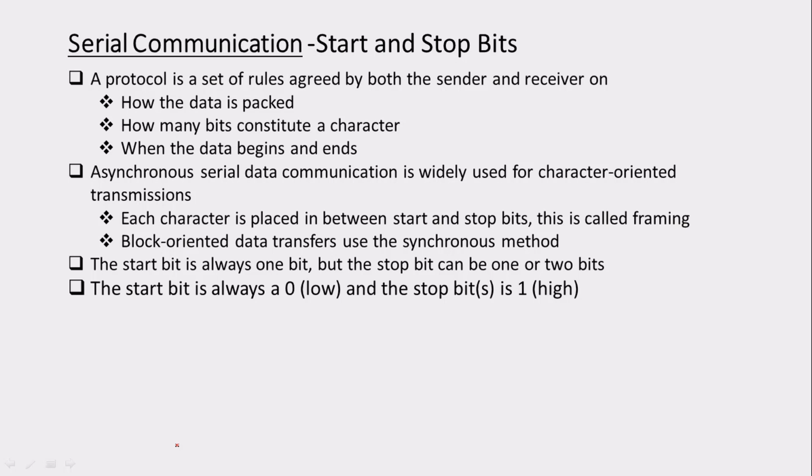The placing of a start bit and a stop bit is called framing. So we take 8 bits of data, and then add a start bit, and then add a stop bit. That whole data is called one frame.